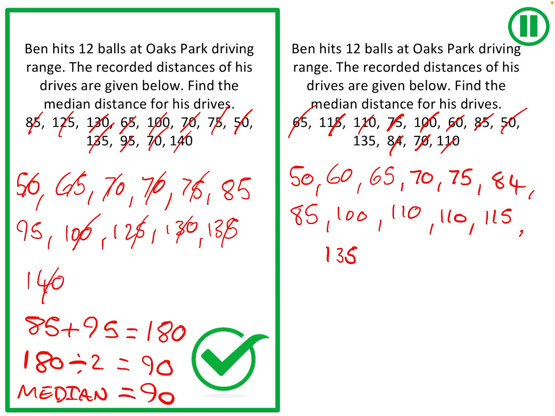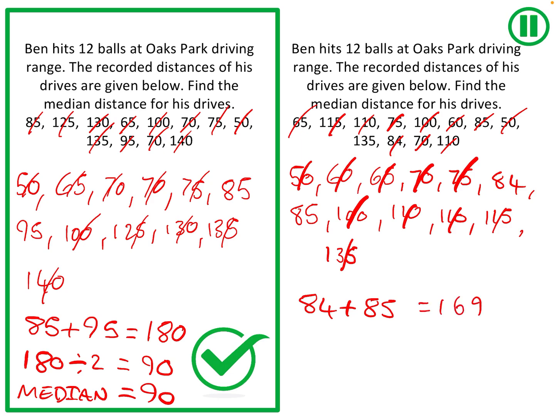And now let's follow the process. First and last, second, second last, third, third last, fourth, fourth last, fifth, fifth last. Oh wait, we've got two numbers again. So let's add them together. 84 plus 85 equals 169.